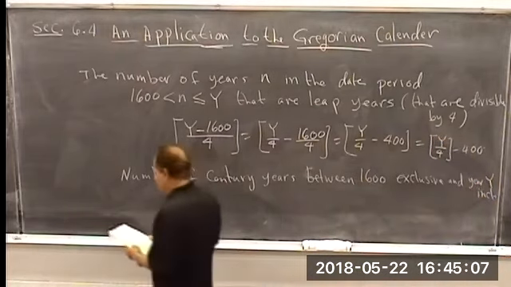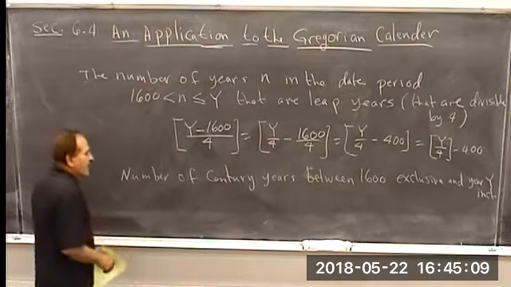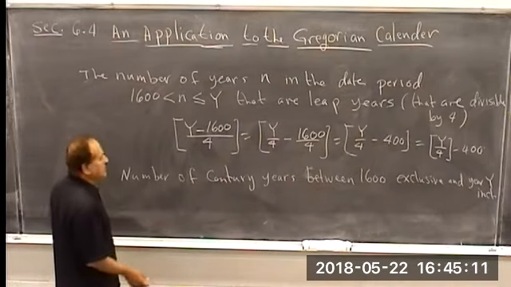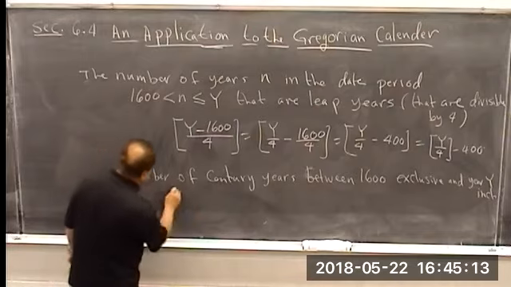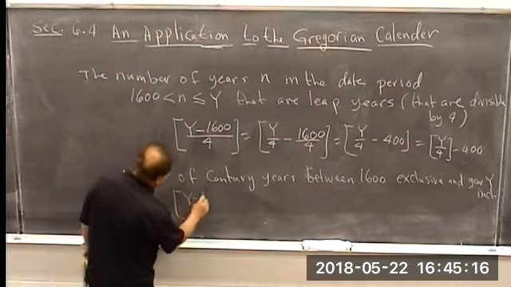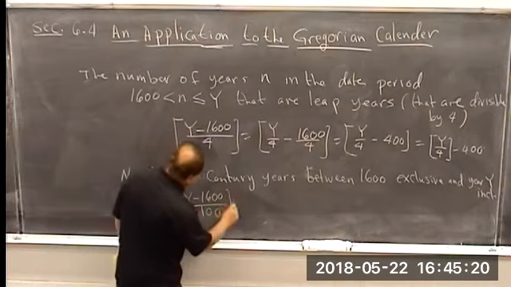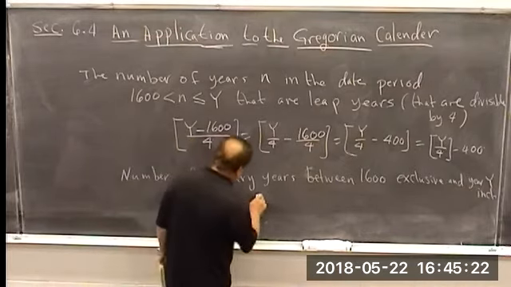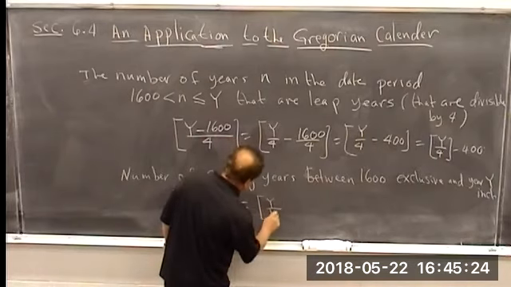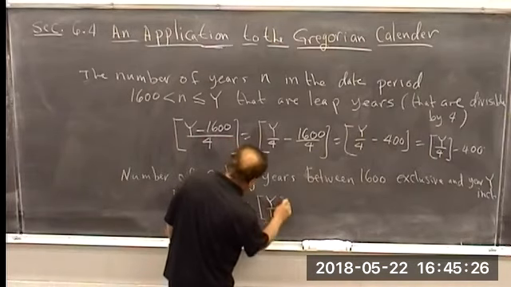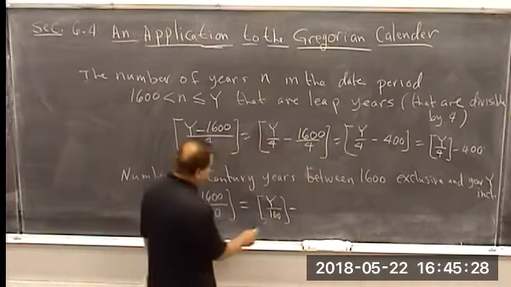This one is going to be those numbers that are multiples of 100, or divisible by 100. And this number is y minus 1600 divided by 100. We simplify this to y over 100 minus 16.